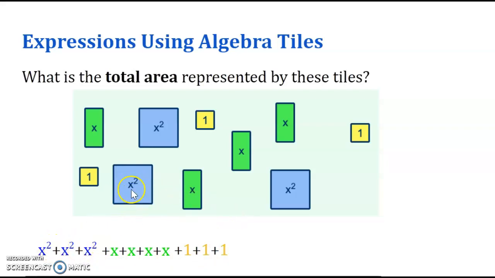No, I cannot because they're not like terms. Remember we talked about like terms? All that we can do is add all the x squared together and you get 3 of the x squared. And we can add all the x's together. That means we have 4 of the x, so 4x. And then finally 3 1's, so we can just write it as 3.